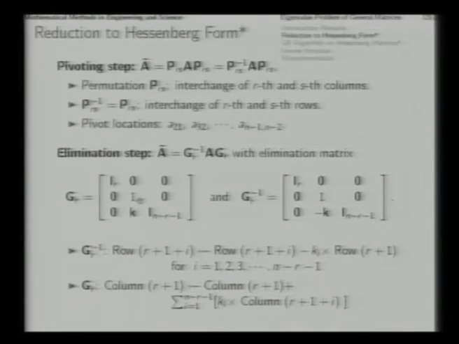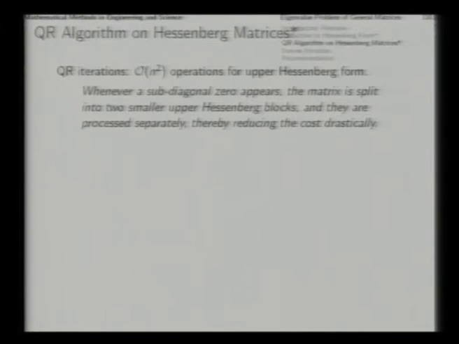This will actually compose the elimination step. Through such pivoting and elimination steps, we convert it into the Hessenberg form first, and then we apply the QR algorithm on the Hessenberg matrix.